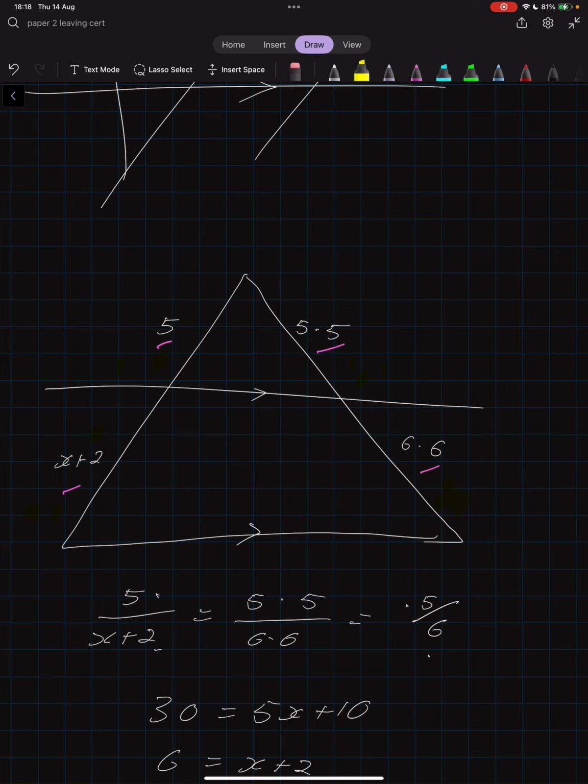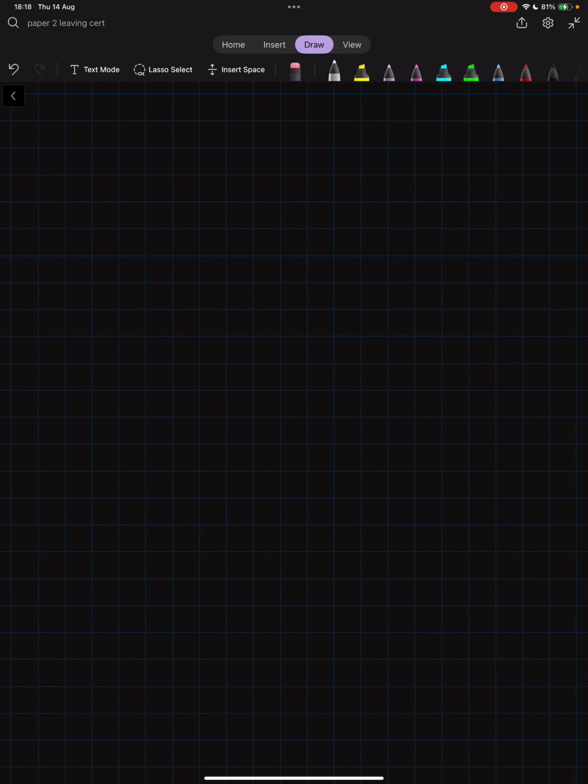So you have to divide them. If you're dividing one, you have to divide the other as well. So I'll do maybe 2 more of them, and then I might leave it at that.